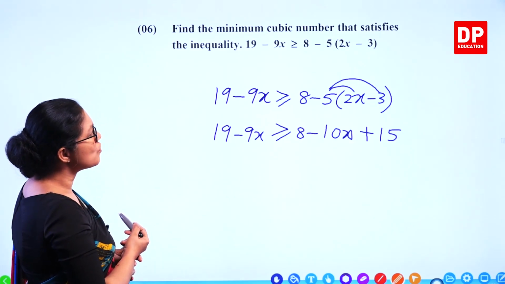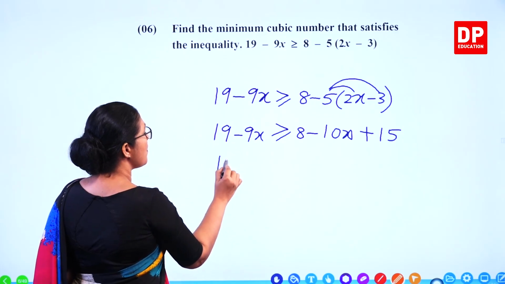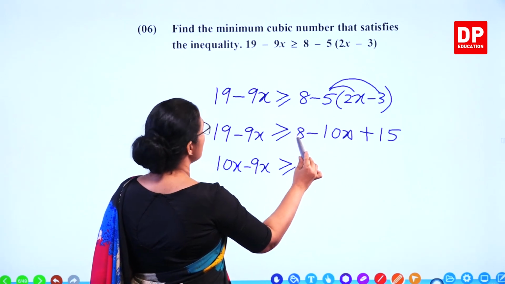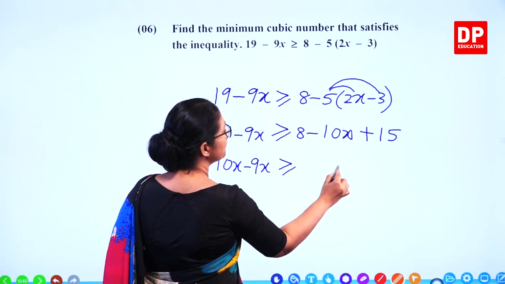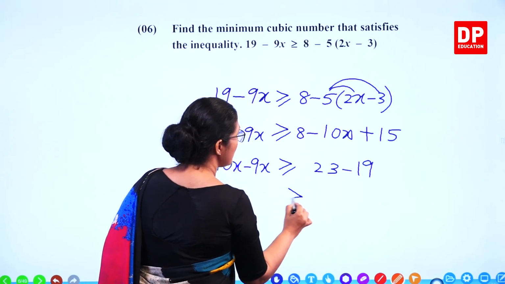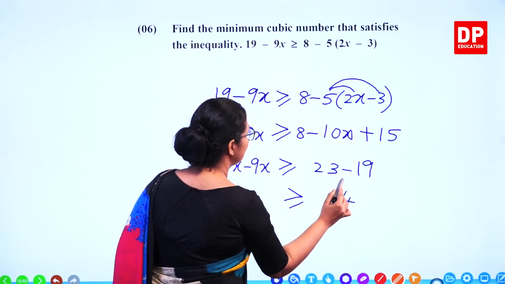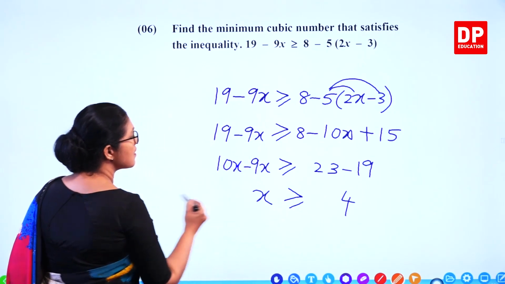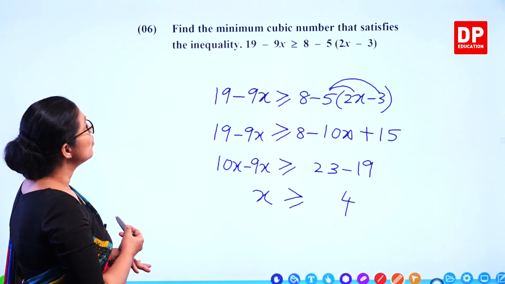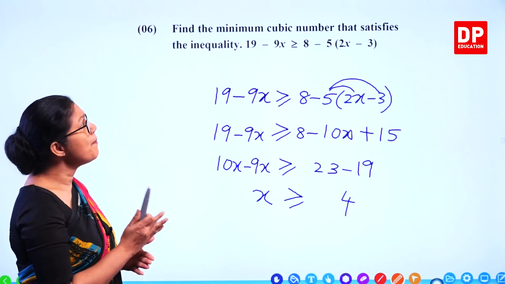Then take all x terms to one side. I'll take 10x to this side. You get plus 10x minus 9x is greater than or equal to 8 plus 15, 23 minus 19. You get 4 here. And this is x. x greater than or equal to 4. So any number greater than or equal to 4. So you need to find the minimum cubic number.